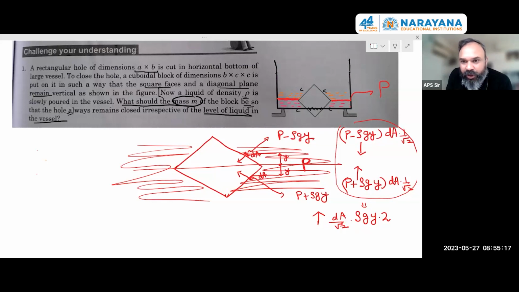effectively with respect to liquid which is down and up, if I keep on moving up, down equally, up to what distance can I move? So with respect to this level, I can only go up to this distance. Whatever is this height, I'll write that. If that distance is y naught, let's say, so I can go up to y naught up, and this force will keep on getting added.